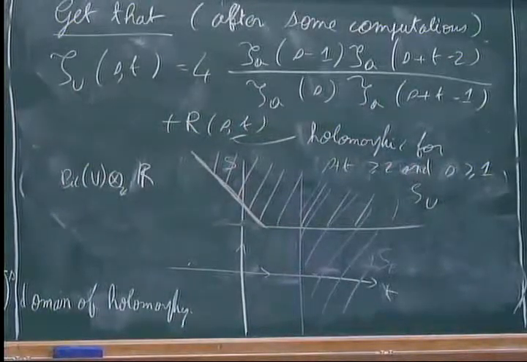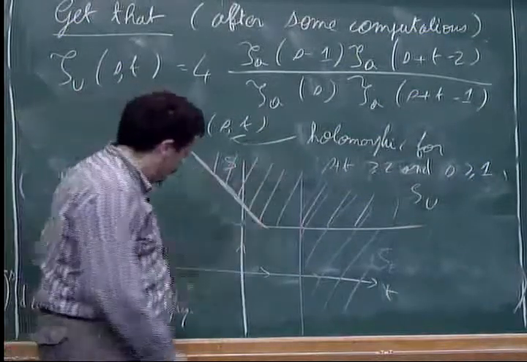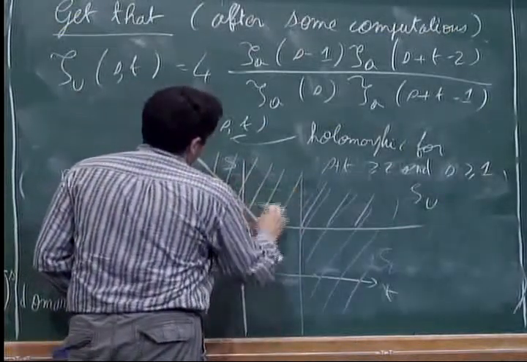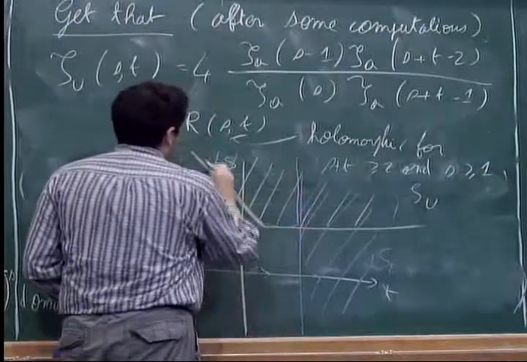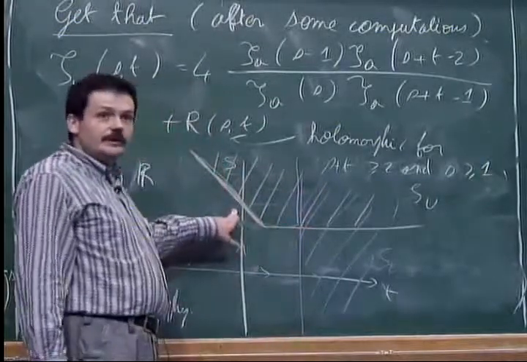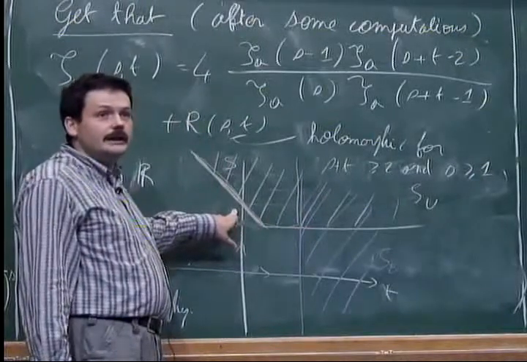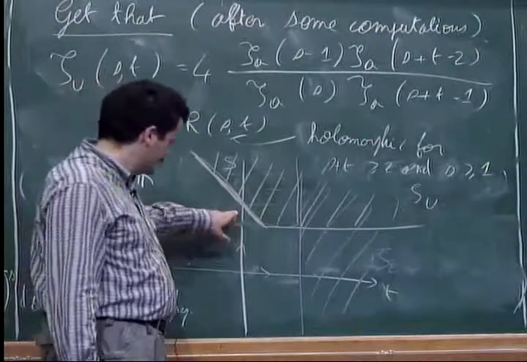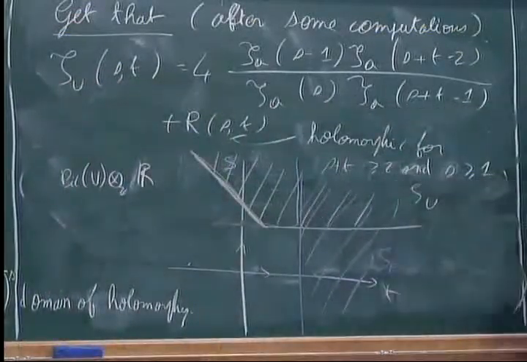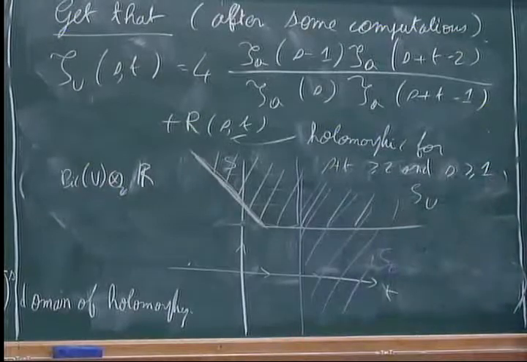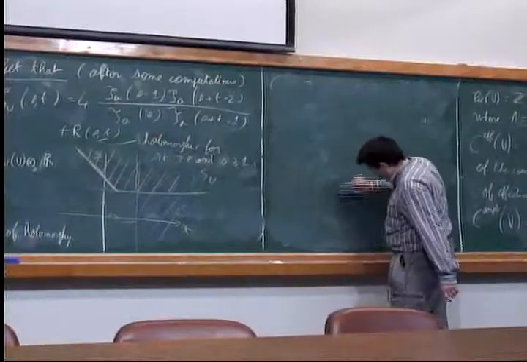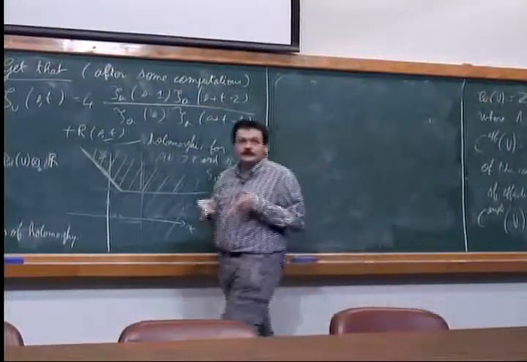So what do I see from this picture? In that domain, I have that zeta of U is converging, and zeta of E is not converging.